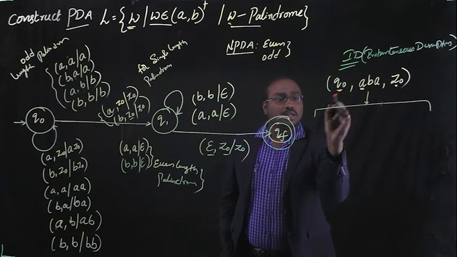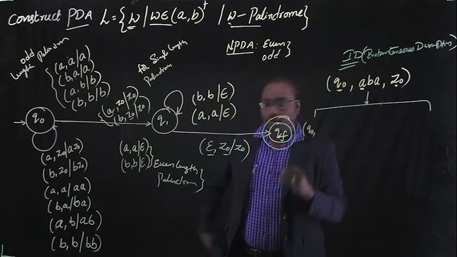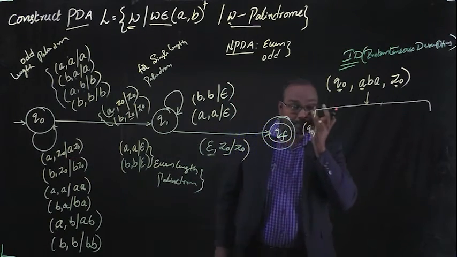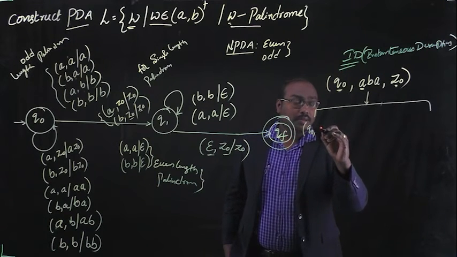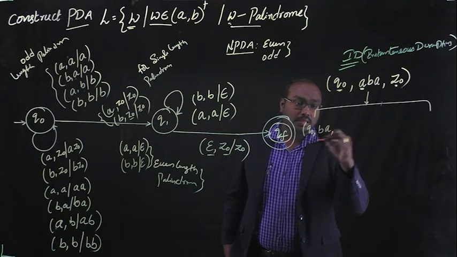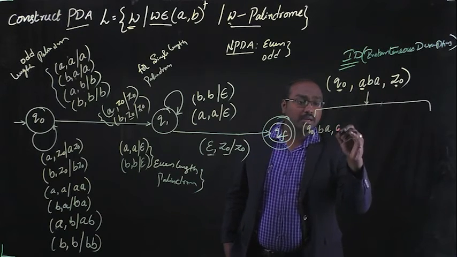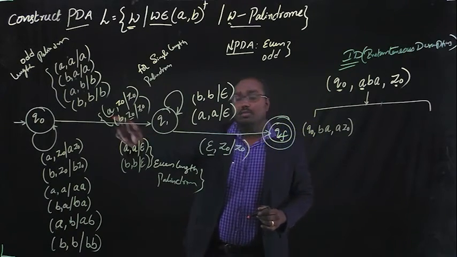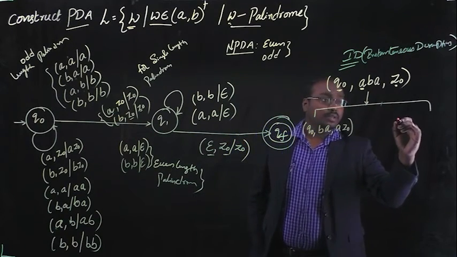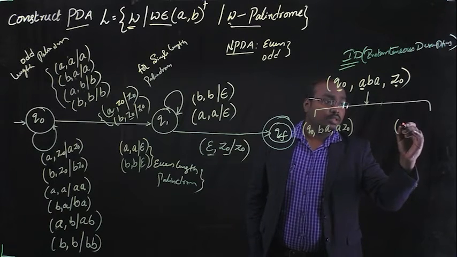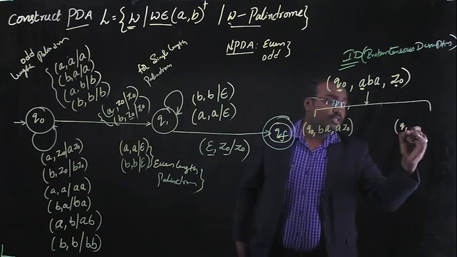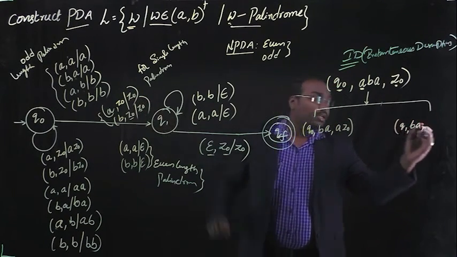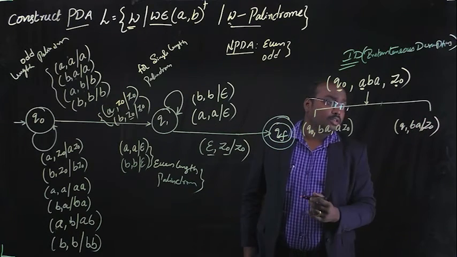In state Q0, with the next input symbol B, we can push A onto the stack, that is B A with A Z0 on the stack. And the other one leaves the element as it is, which means we move to another state Q1 with B A and Z0 as Z0.